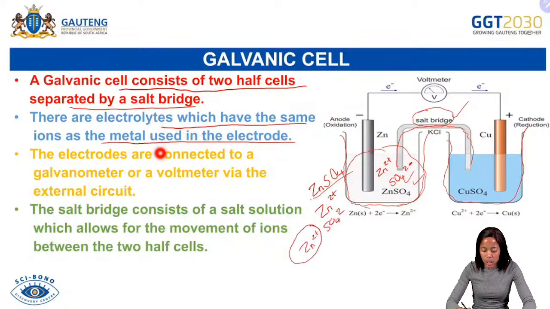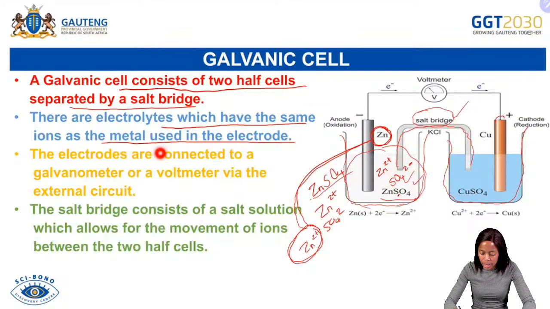So when the ZnSO4 breaks down, what does it have? It says the same ion which is used as the electrode. What do we have as the electrode? We have Zn. So this electrolyte, the ZnSO4, will have the very same ion as your electrode.